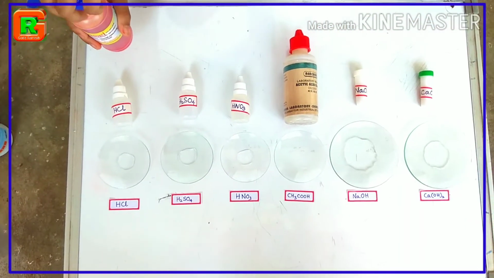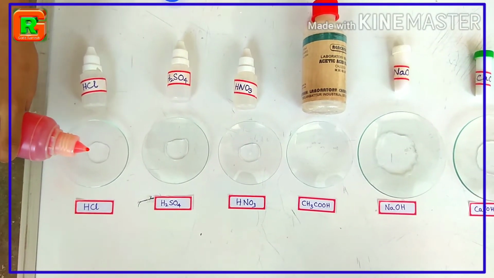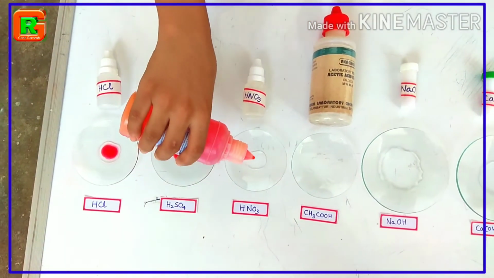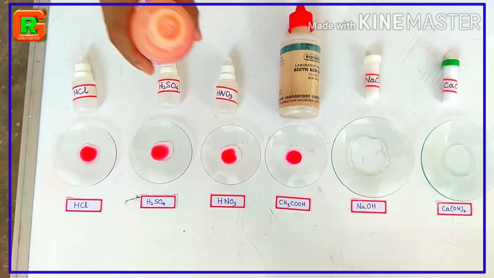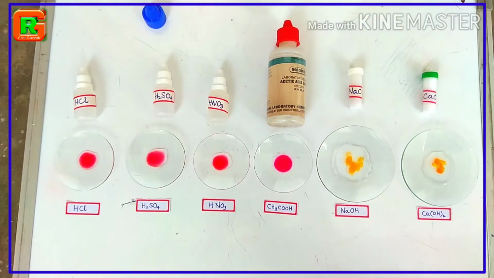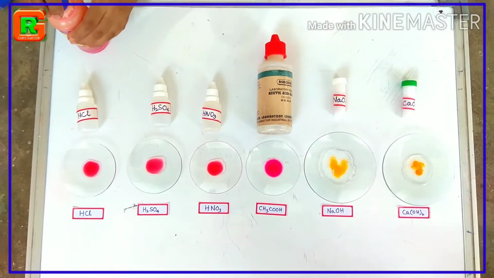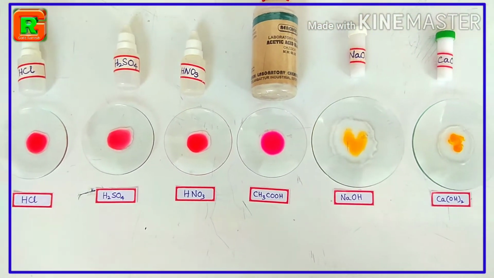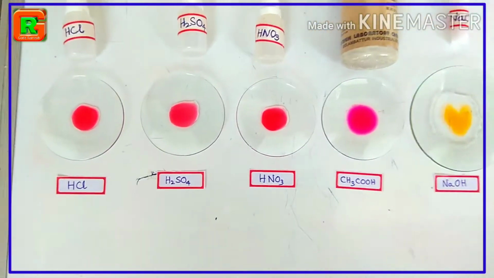Let us add a drop of methyl orange to all the substances: HCl, H2SO4, HNO3, CH3COOH, NaOH, Ca(OH)2. Here, the substances that changed the methyl orange into red color are known as acids, and the substances that changed the methyl orange into yellow color are known as bases.